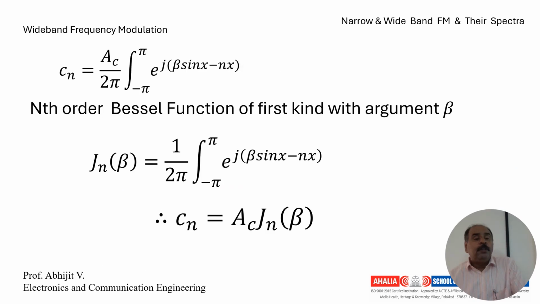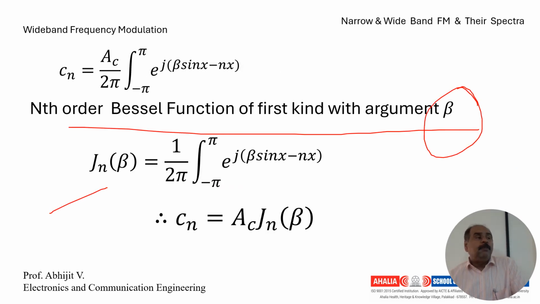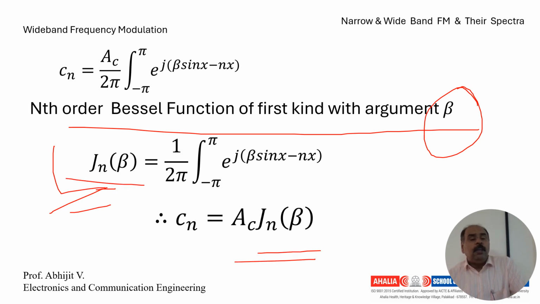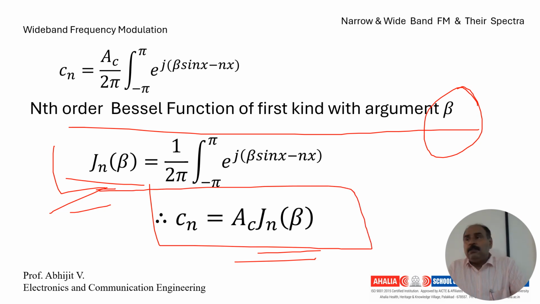An nth order Bessel's function with the argument beta is given by Jn of beta is equal to 1 by 2 pi times the integral from minus pi to pi of e raised to j (beta sin x minus nx). So here we are simply substituting this nth order Bessel function to get the final value of Cn.